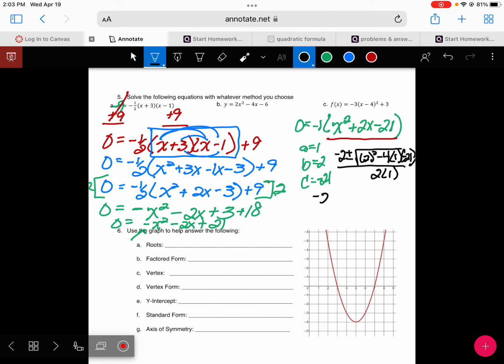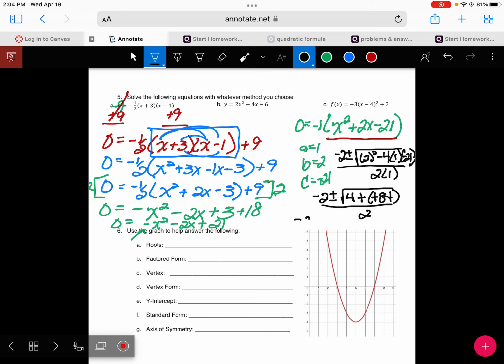So negative 2 plus or minus 2 squared is 4, minus 4 times 1 times negative 21, which is negative 84. And subtracting a negative would be adding the opposite, make it plus, all divided by 2.